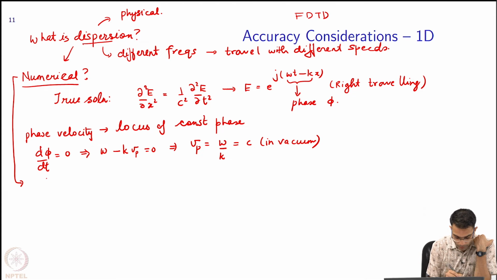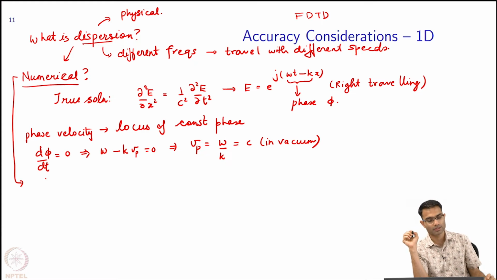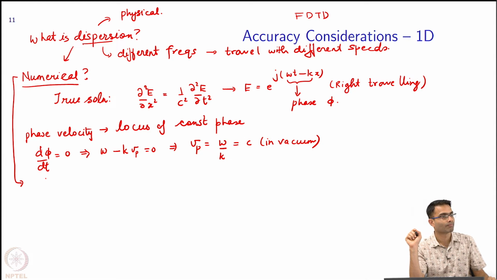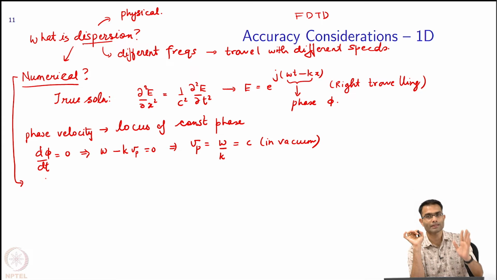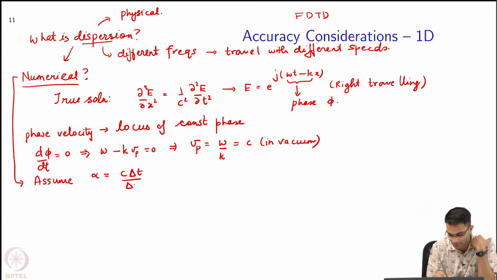Now, we have looked at this before: under what conditions will the electric field be a wave-like solution in FDTD? As long as the Courant stability criteria is satisfied. So, when Courant stability is satisfied, my E will be a wave, we have derived that. Okay. So, now let us assume that alpha, which is the ratio of c delta t by delta x, is less than or equal to 1. Okay.